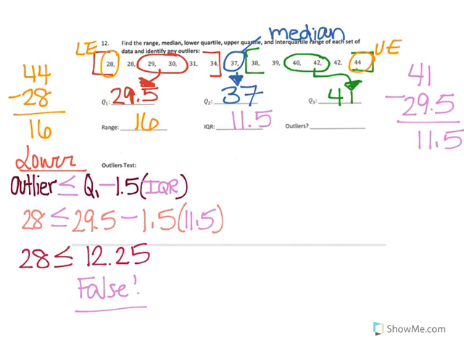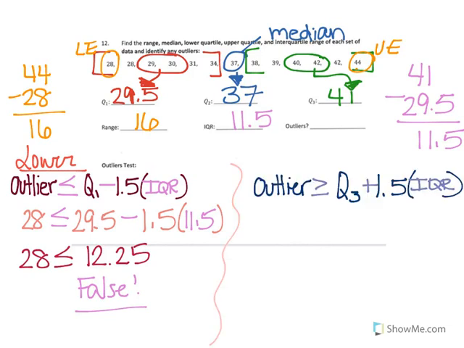So far, no outliers. So for the upper outlier test, we have the fact that there is an outlier if that number is greater than or equal to Q3 plus 1.5 times our interquartile range. And now we're just going to plug in the numbers.